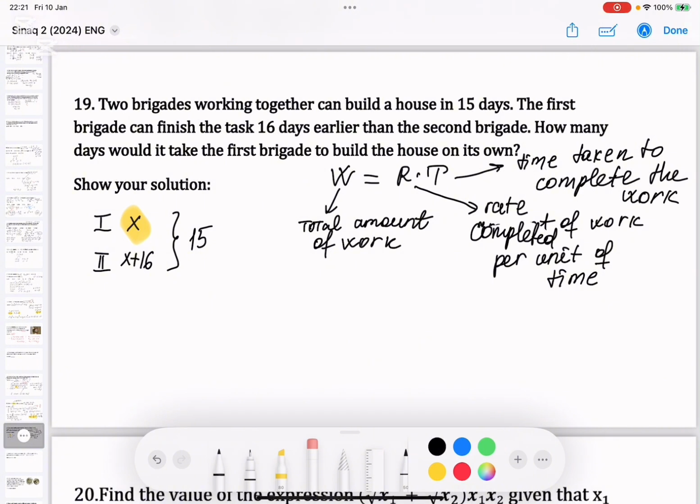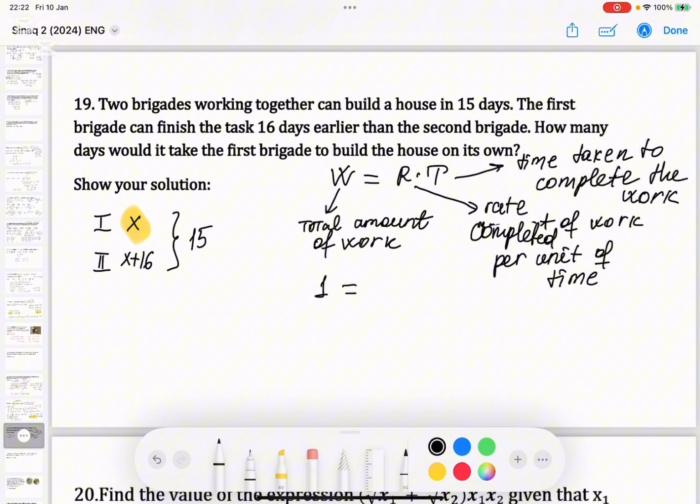All right, once you have this formula written, you can apply it for any given work problem. In this particular problem, two brigades are working together to build one particular house. So we have to build one house. It's the amount of work. It could have been written 300 houses, 500 houses. If the amount of work is not given, we always take the total amount of work as 1.